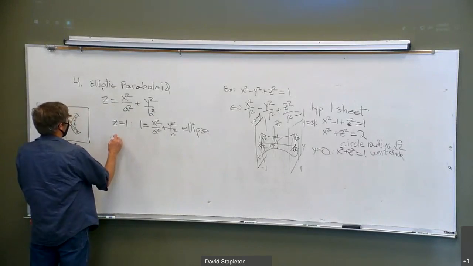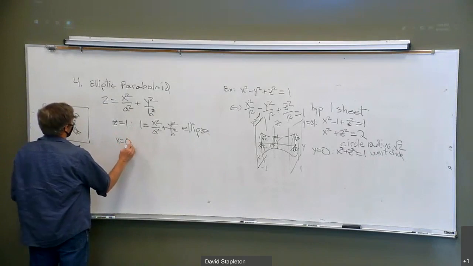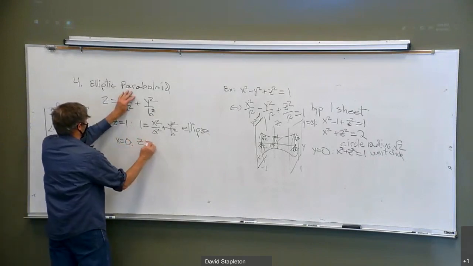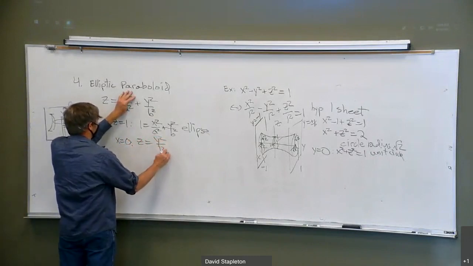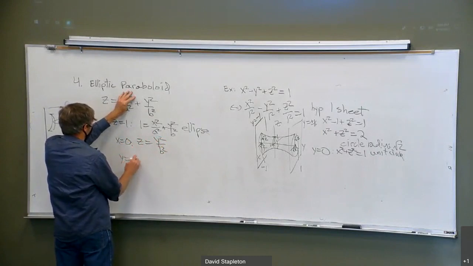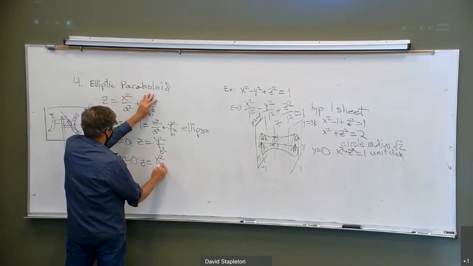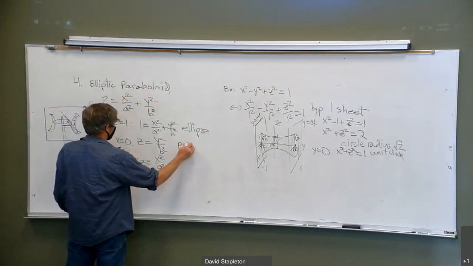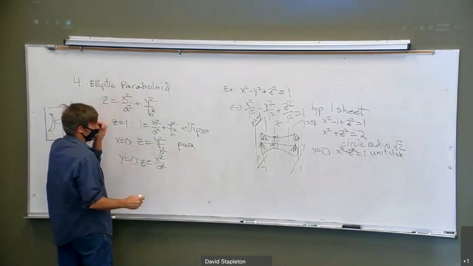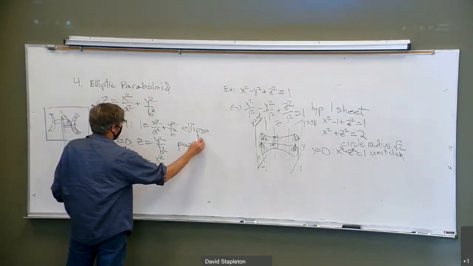Then you put x equals 0, and you notice you get this trace, z equals y squared over b squared. Well, that's just a parabola, right? If you put y equals 0, you get z equals x squared over a squared. So these are parabolas, hence the name elliptic paraboloid. That really helps you to figure these things out.